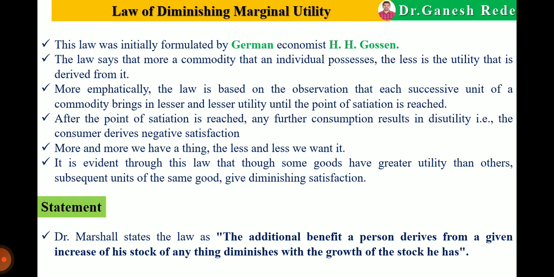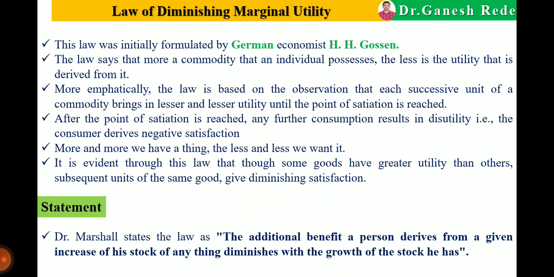Now this law comes under the cardinal approach, and it was initially formulated by the German economist H. Gossen. That's why the law of diminishing marginal utility is also known as the first law of Gossen.